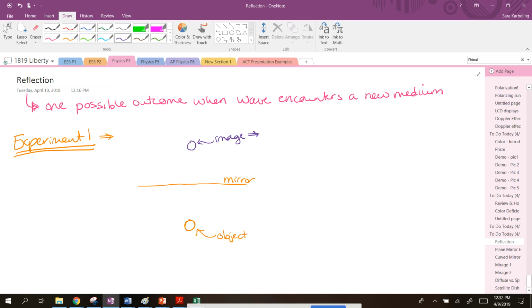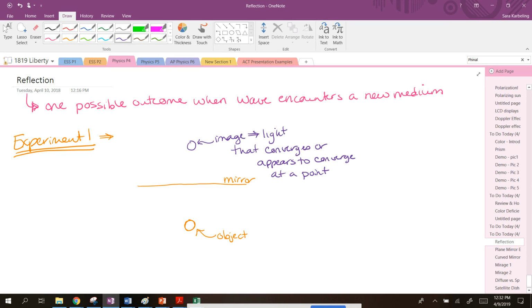So the image is light that converges or appears to converge at a point. The mirror that we used here is what we call a plane mirror or a flat mirror, okay?